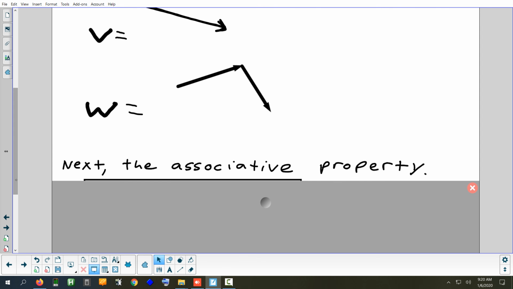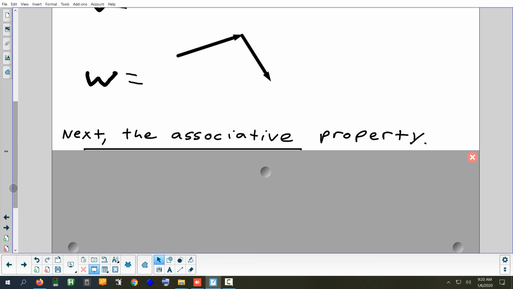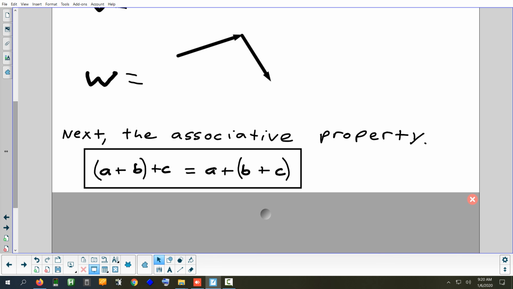Associate in a group. Well, in math, how do we group things together? What symbol do we use when we want to group something? Addition just connects two things by adding them. But if I want to group two things together, like I say, I want you to look at these two and do these first. Yeah, we use parentheses. So associative doesn't have anything to do with moving the order. That's commutative.